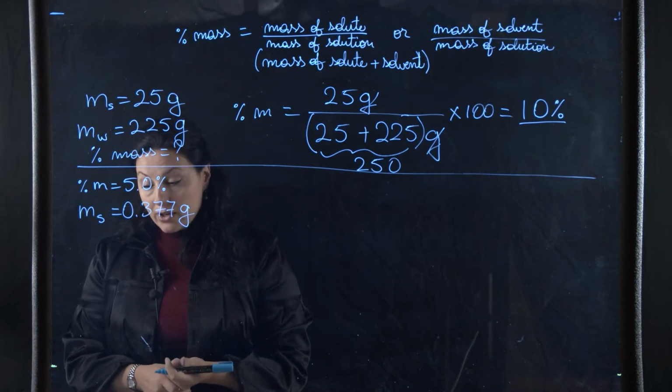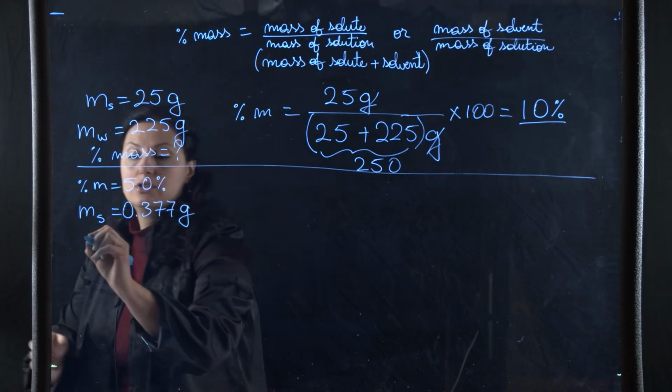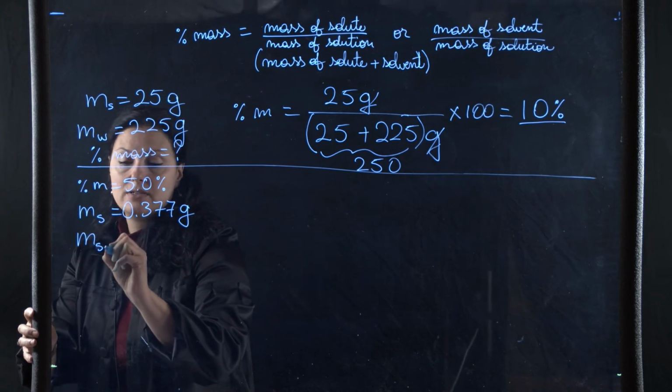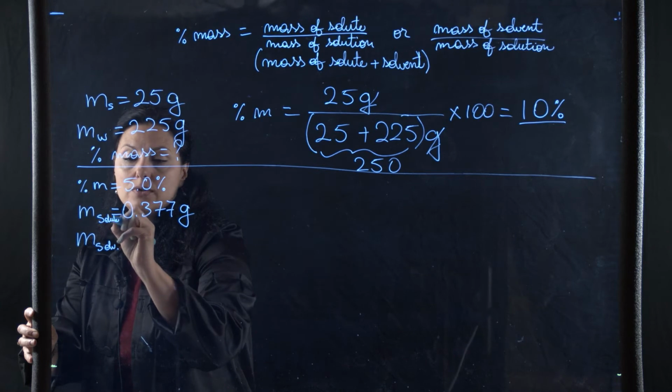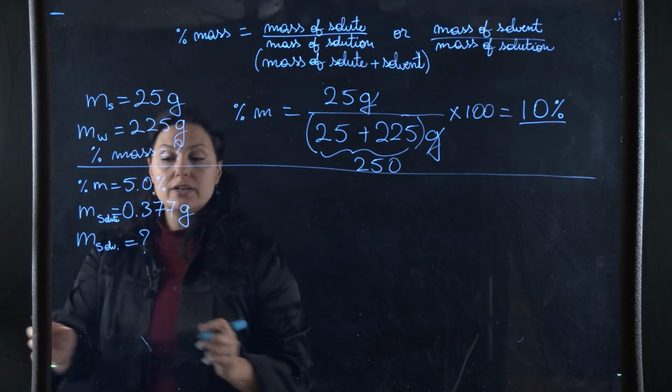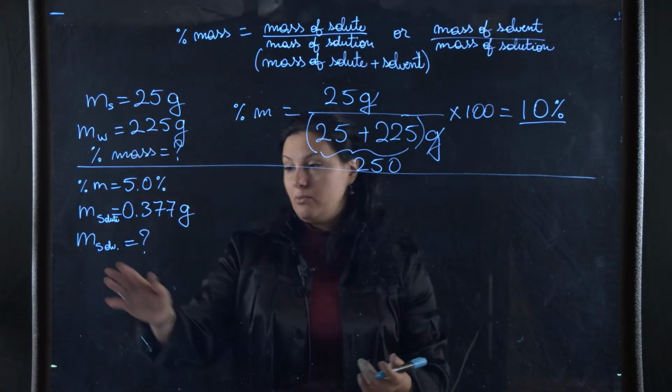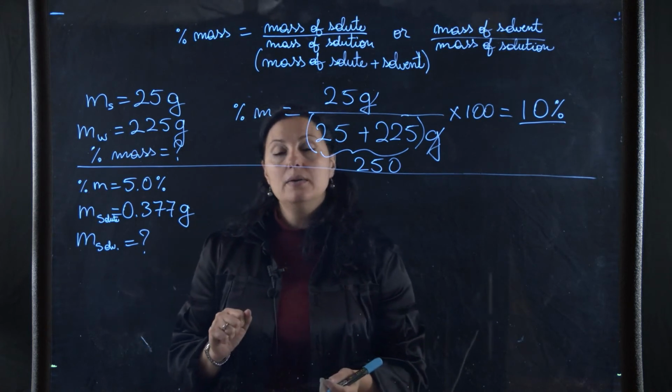What mass of water will be needed to make the solution? So the mass of my solvent. This is solute. What mass of water is going to be needed, meaning my solvent, okay?